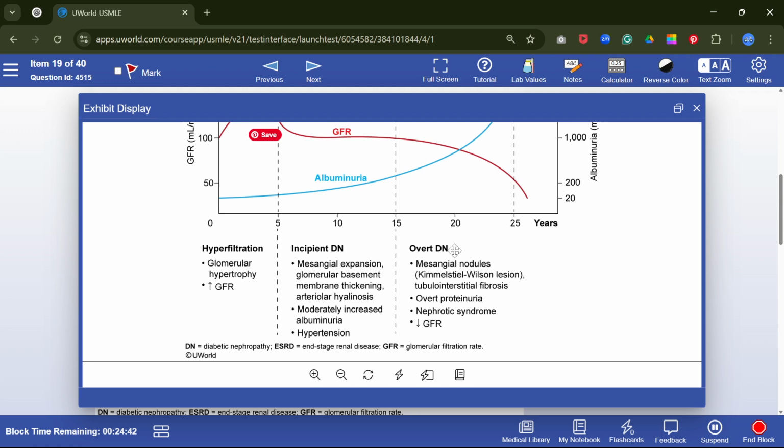Incipient diabetic nephropathy has mesangial expansion, glomerular membrane thickening, arteriolar hyalinosis, moderately increased albuminuria, and hypertension. Overt diabetic nephropathy has Kimmelstiel-Wilson lesions, tubulointerstitial fibrosis, overt proteinuria, nephrotic syndrome, and decreased GFR. Initially GFR is high, then later on GFR is low.